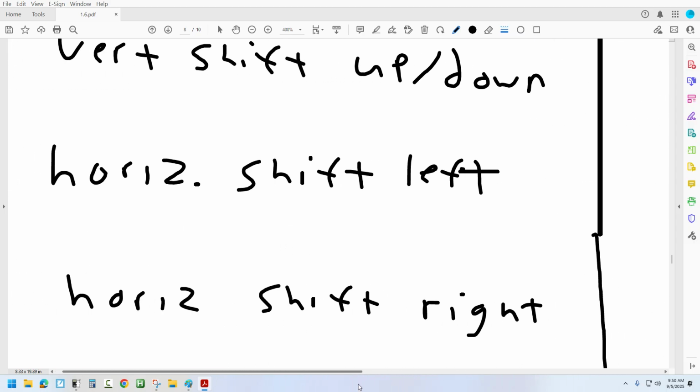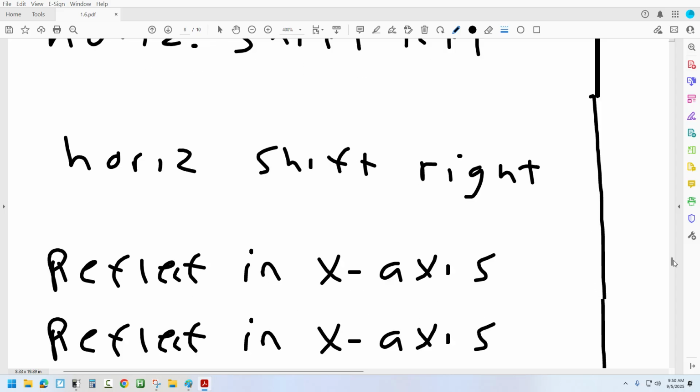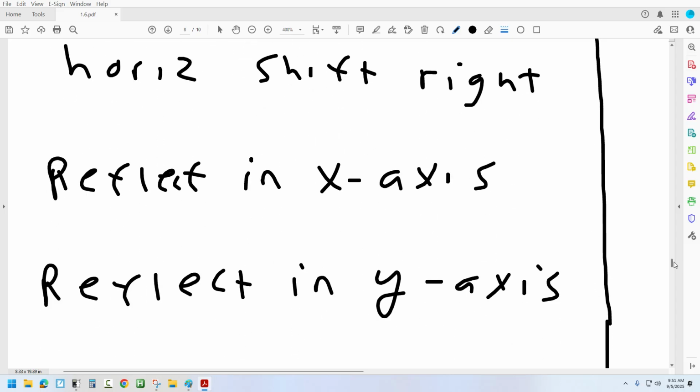And when we do a reflection, what causes a reflection in a function? The function has to have a what symbol in it? Negative. Yep, a negative symbol. And if you want to reflect over the x-axis, is the negative symbol on the inside or the outside? Think of reflecting over the x-axis as a vertical reflection. Does the negative go inside or outside?